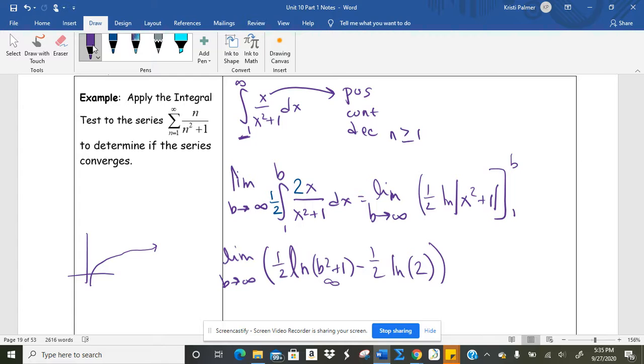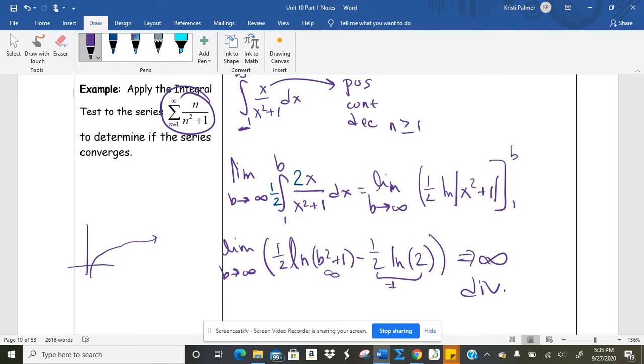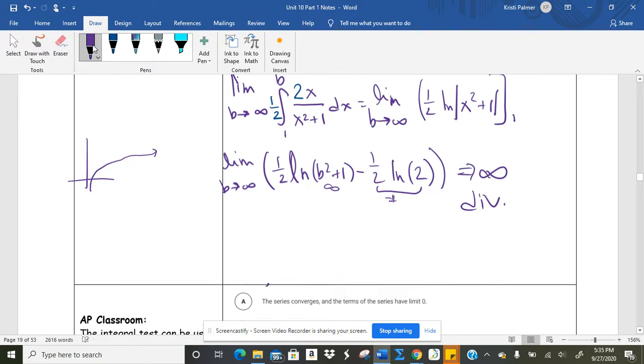And that does go to infinity, even though we subtracted off some small number. Infinity minus some number is still infinity. So we know that this integral diverges, which tells me that the series diverges by the integral test.